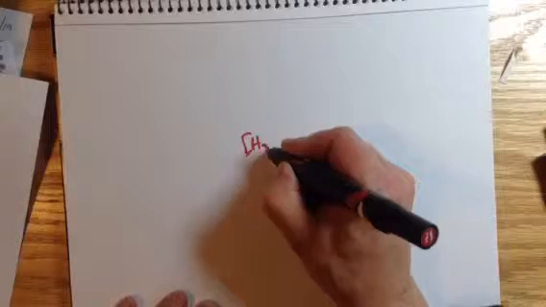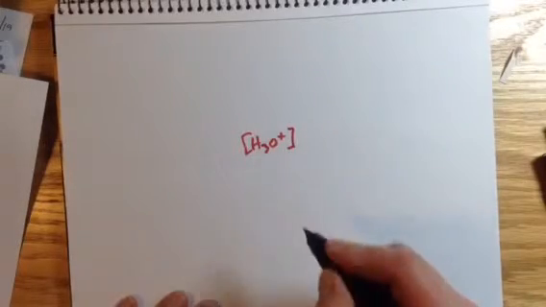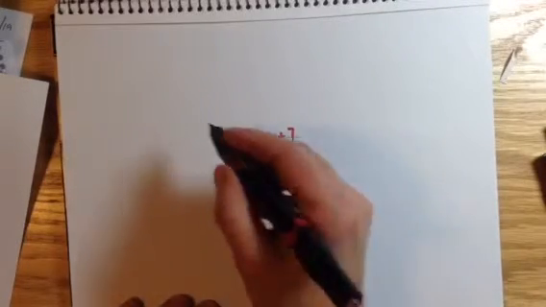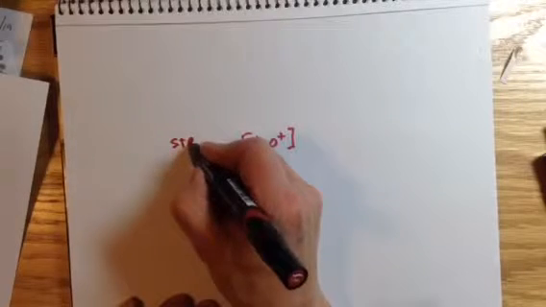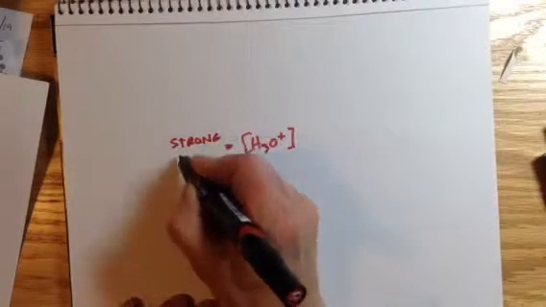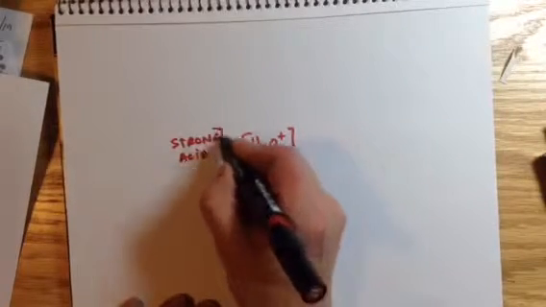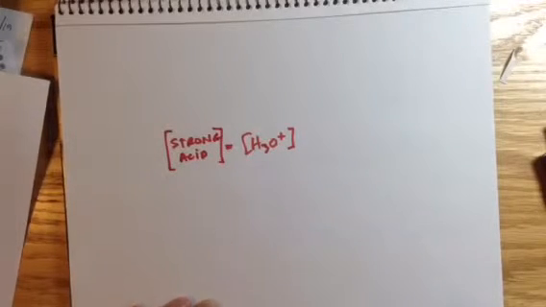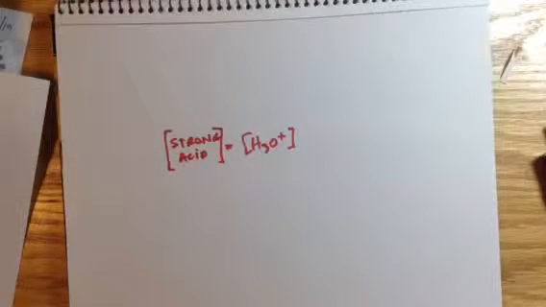So, hydroniums are the species associated with strong acids or weak acids. But if you have the strong acid concentration, you'll have the resulting hydronium ion concentration.